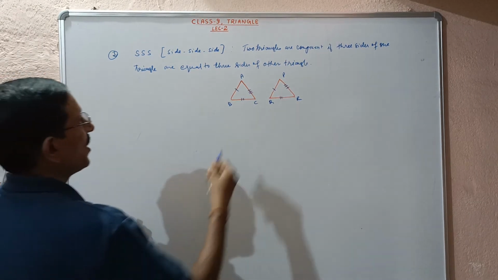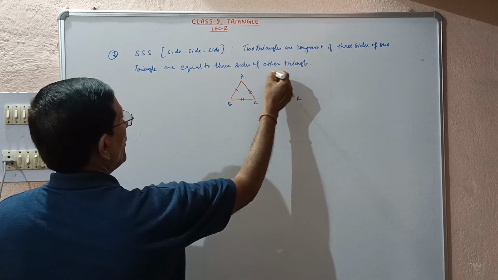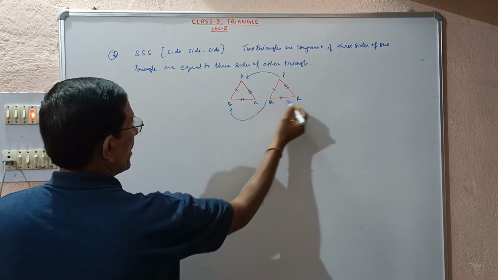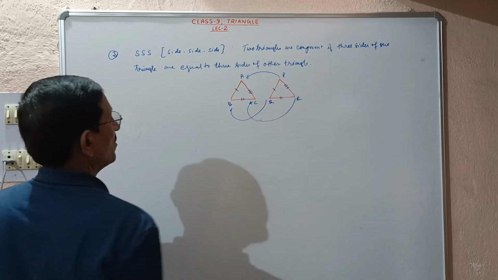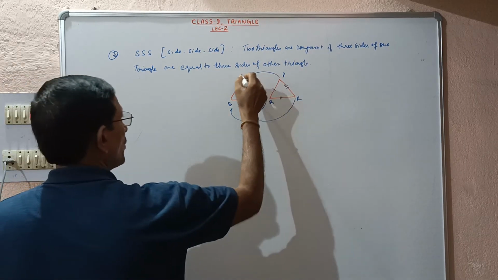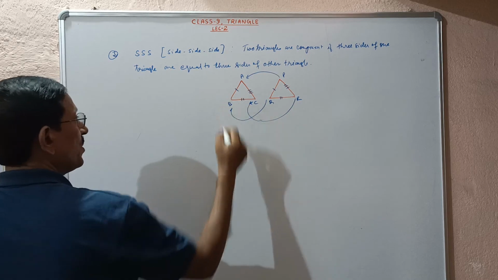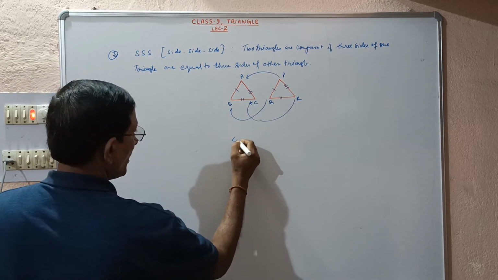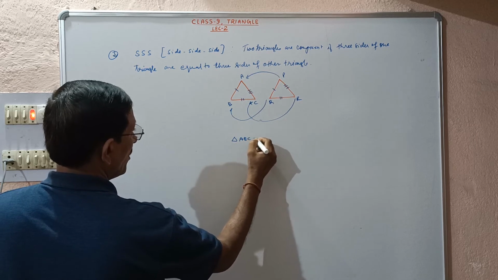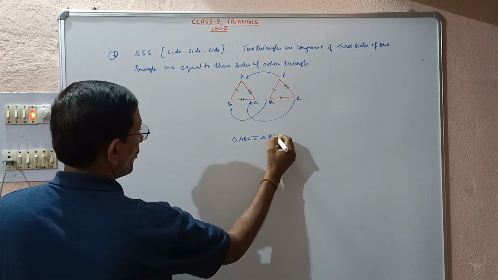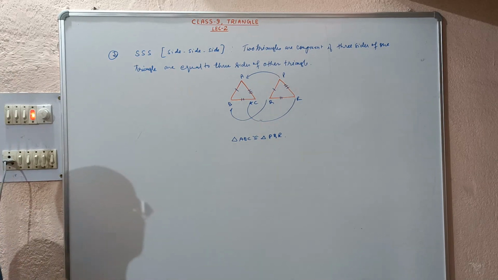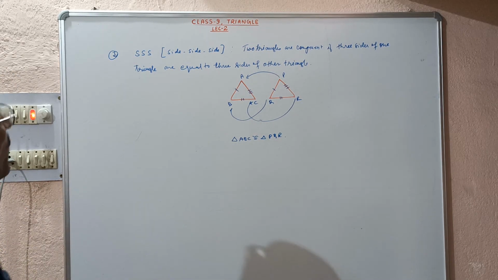That is, P will fall on A, Q will fall on B, and R will fall on C. That means P corresponds to A, Q corresponds to B, R corresponds to C. And in symbolic form, we write triangle ABC congruent to triangle PQR. So this is the SSS congruency rule.